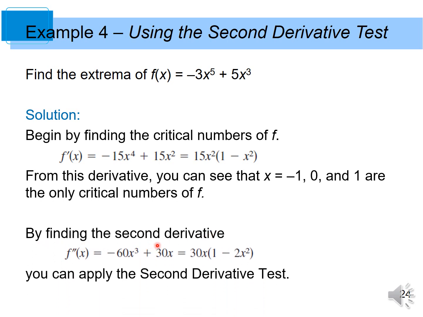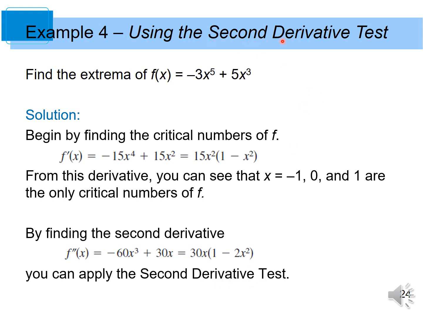By finding the second derivative, we differentiate the first derivative function. We're using the product rule. So we get the second derivative function, and you can apply the second derivative test.